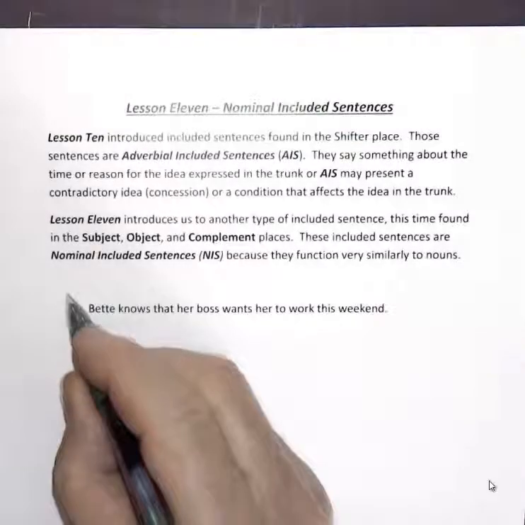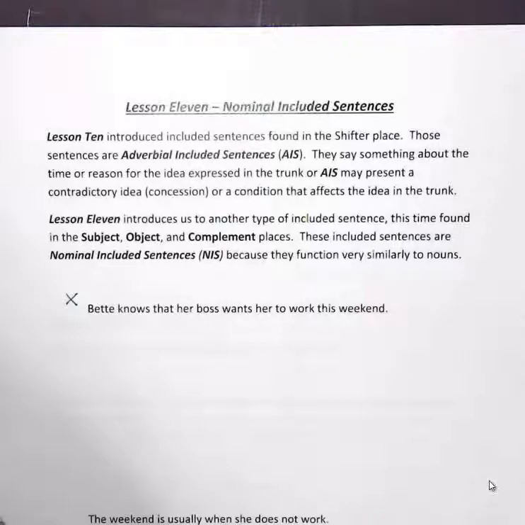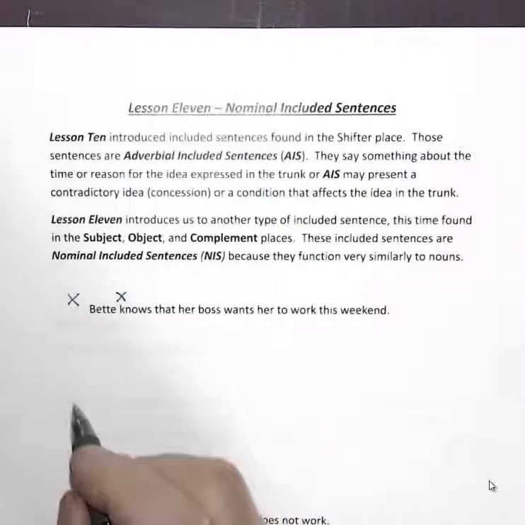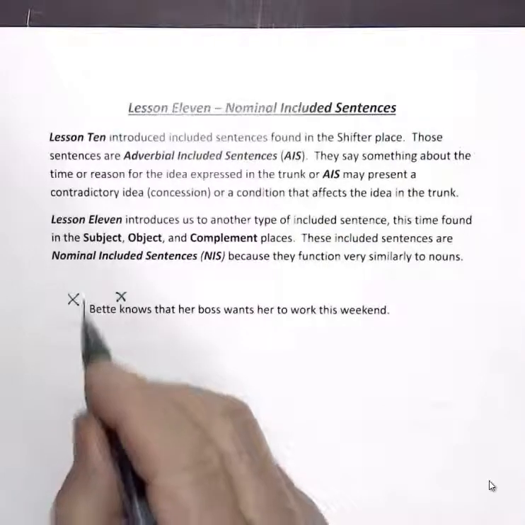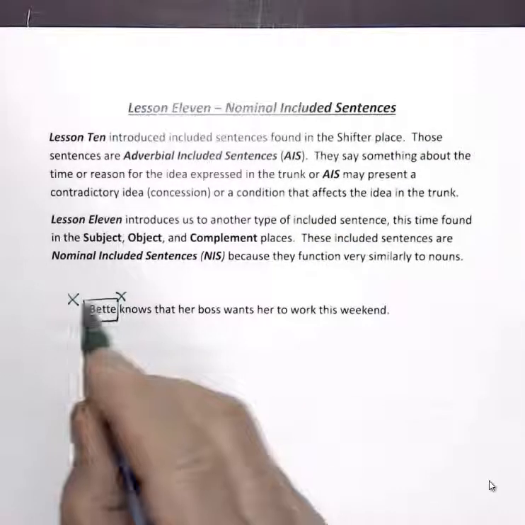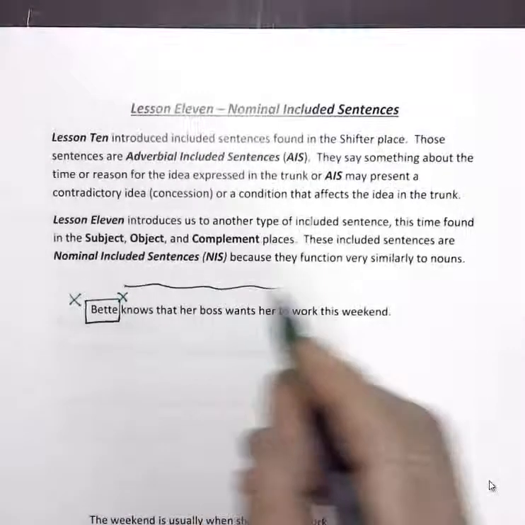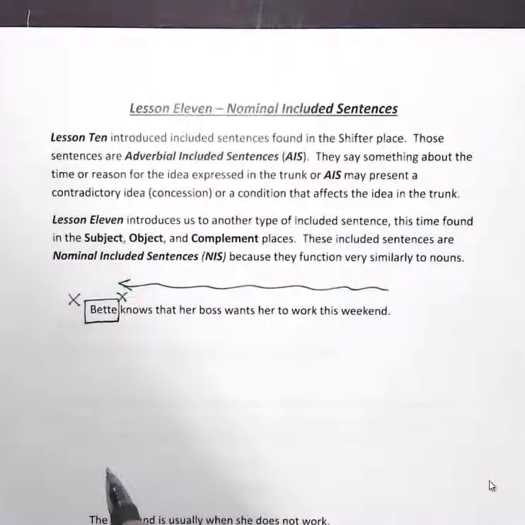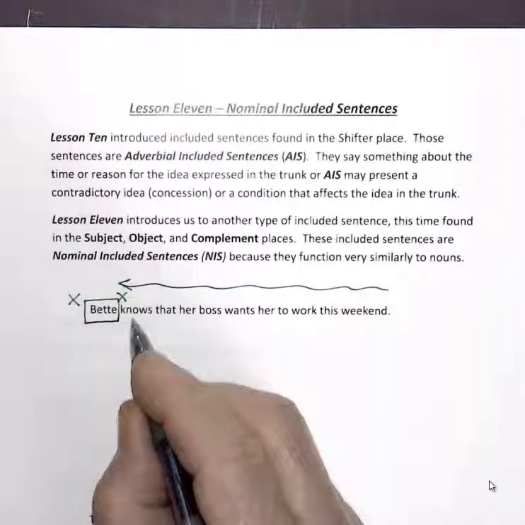Let's make our question. Does Betty know that her boss wants her to work this weekend? Betty doesn't know her boss wants her to work. And so Betty is the subject. Knows that her boss wants her to work is the predicate. And let's look for our ties. Knows ties with Betty.